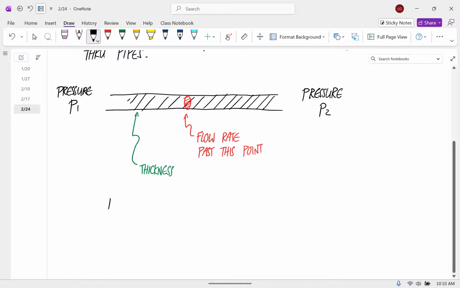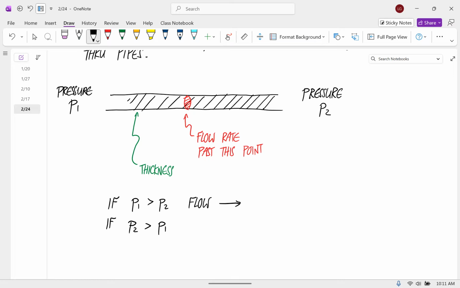So here are some things to remember about this. If the pressure P1 is greater than P2, the flow goes this way. If P2 is greater than P1, the flow goes the opposite way.